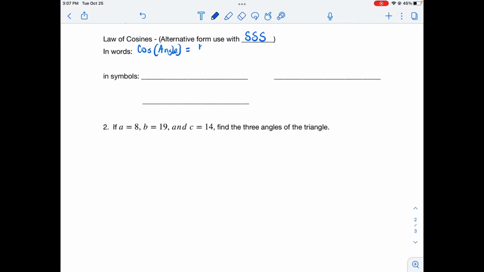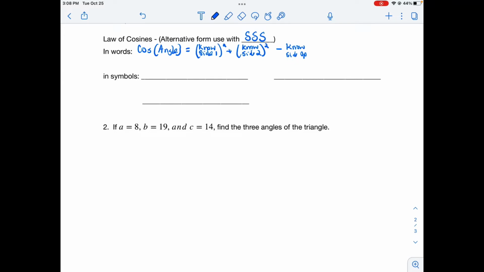So cosine of the first angle I'm going to try to find is equal to known side 1 squared plus the known side 2 squared minus known side 3 squared, but this known side 3 has to be the side that's opposite the angle you're looking for.